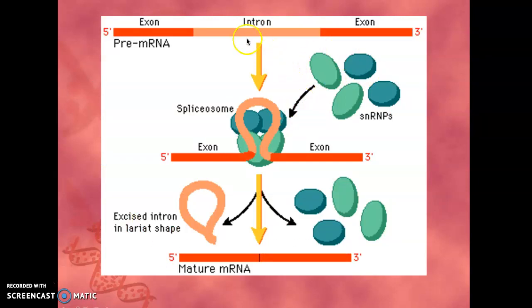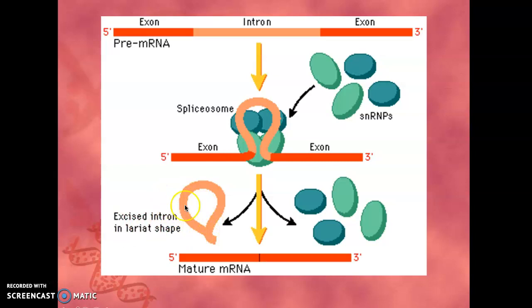Here's how that looks. You've got your intron that needs to come out. These little SNRPs come over here and bond to it, and it causes it to loop out. As it loops out, it's excised, it's cut, basically. Then the exons here are spliced together using ligase, and the SNRPs go away, and this information right here is no longer needed.